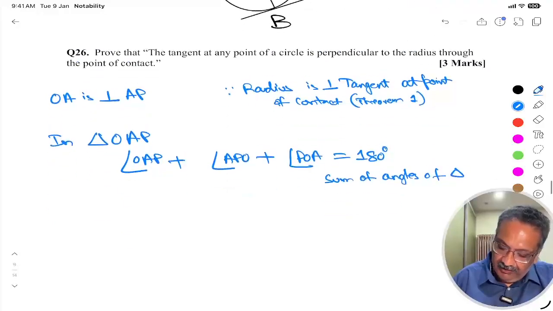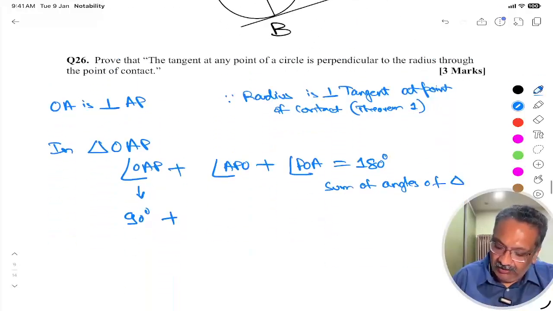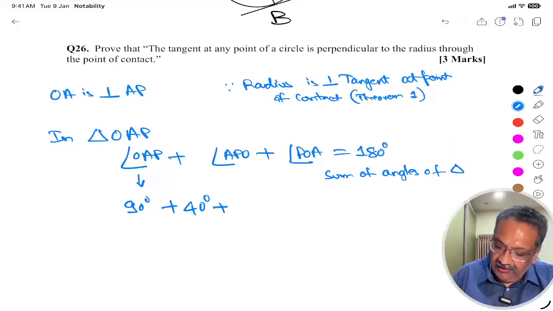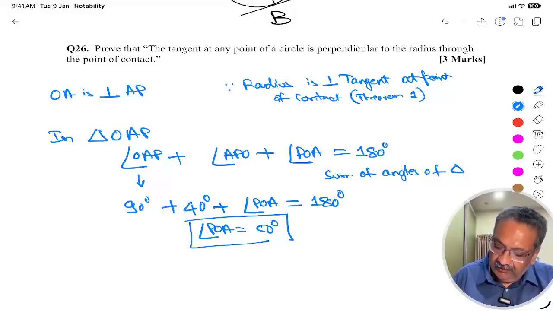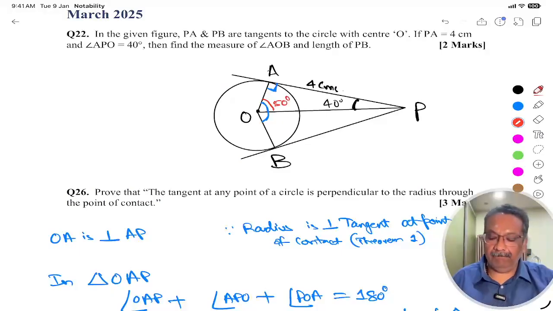Angle OAP is 90 degrees, plus angle APO is given to be 40 degrees, plus angle POA, which we don't know, is equal to 180 degrees. Therefore angle POA will be equal to 50 degrees. So first we got to know this angle is 50 degrees.